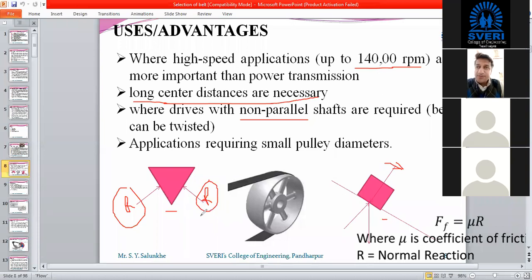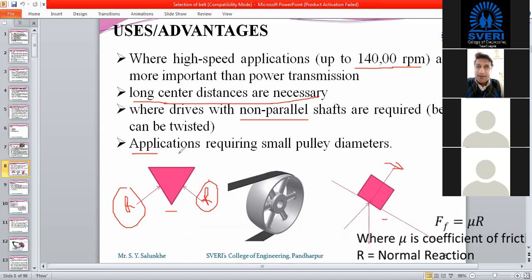Such problems do not occur in case of flat belts. So they are adjustable with the center distance and with the non-parallelism of the shafts, as well as unidirectional pulleys. Getting me? In such applications, we can prefer these flat belts.